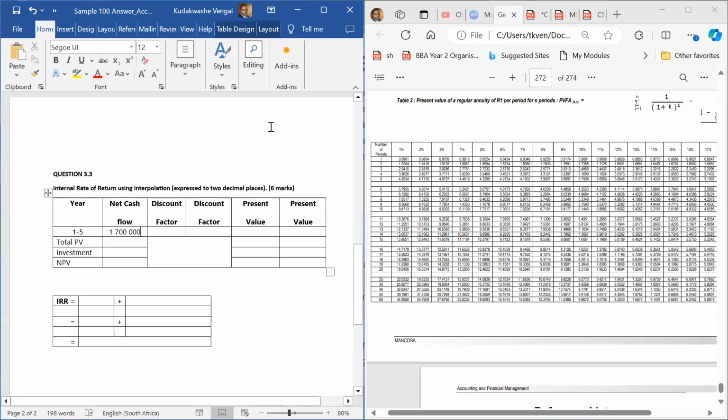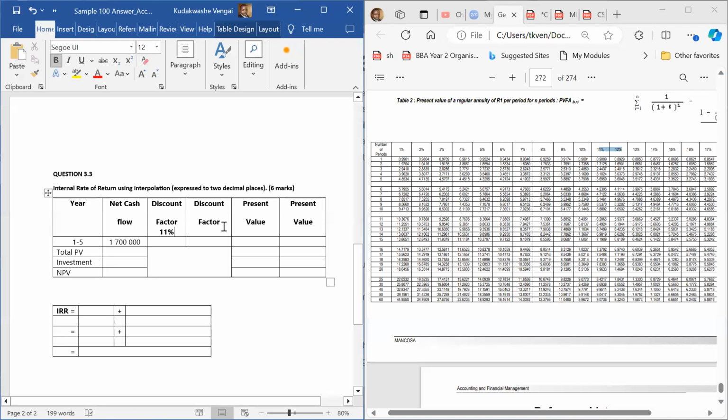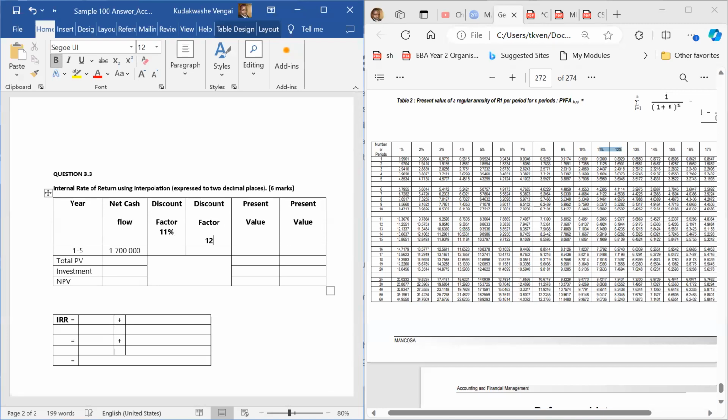And then we are going to look into our year number 5, which is the final year, for the figure that I just highlighted here, 3.67. So 3.67 is between 12 and 11% here. So our first discount factor is going to be 11%. Our second discount factor is going to be 12%.